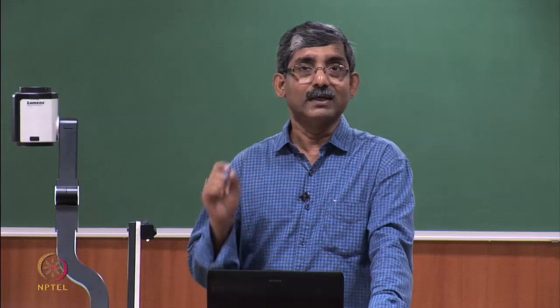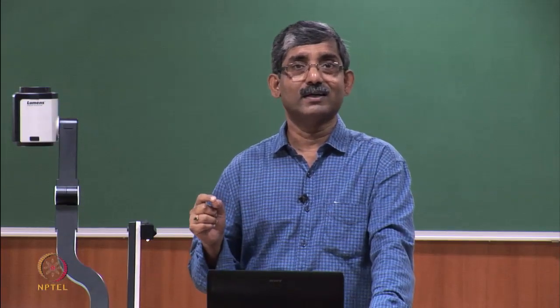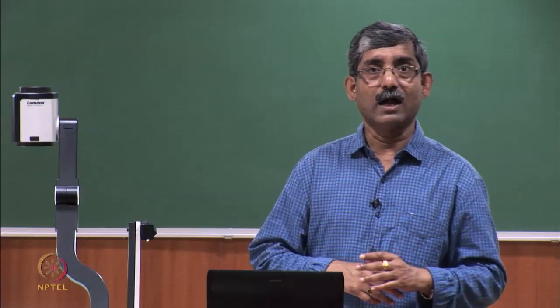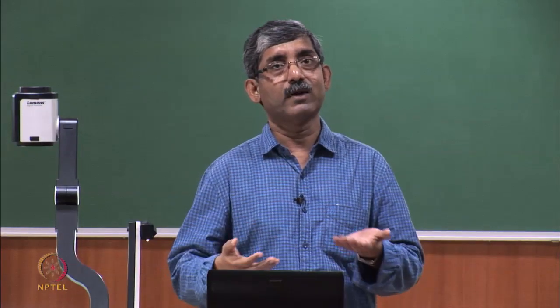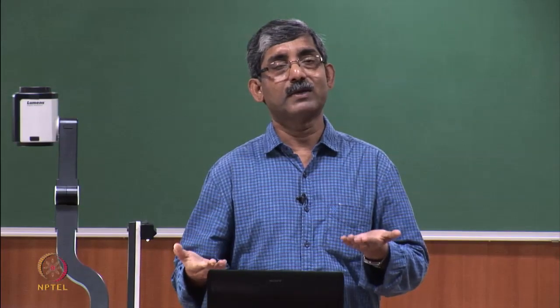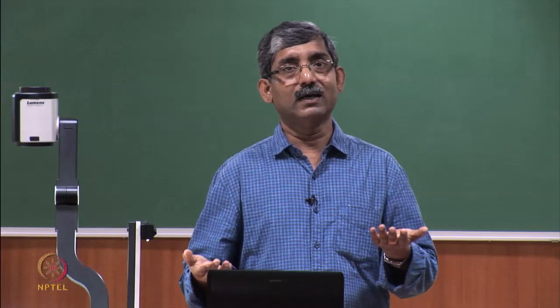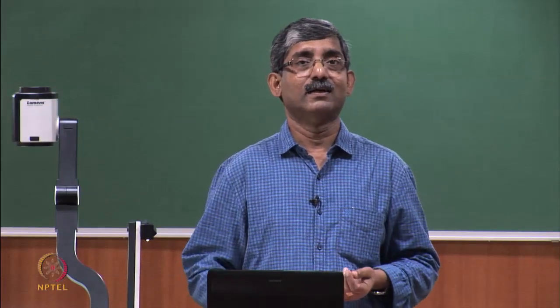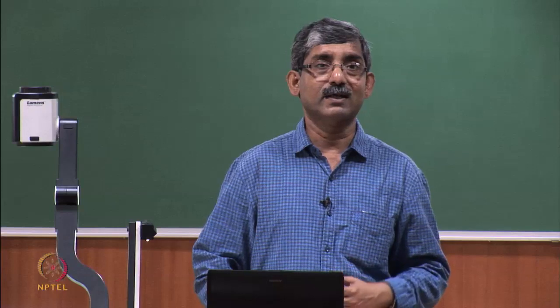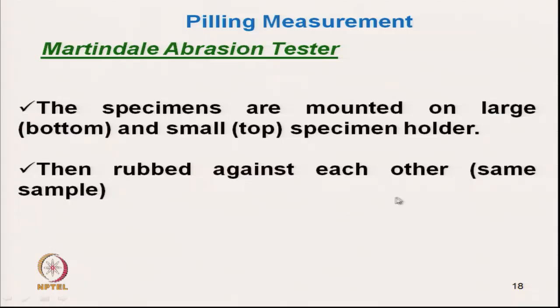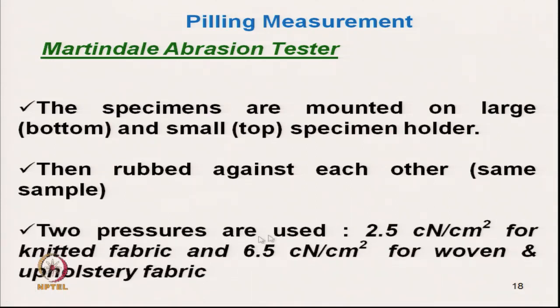But here there is a small modification: in both the bottom and top specimen holders the same fabric is tested, so the same fabric specimens are rubbed against each other. Two pressures are used, 2.5 centinewton per centimeter squared for knitted fabric, which requires low pressure, and a higher pressure for woven fabric, because knitted fabrics are loose in structure.